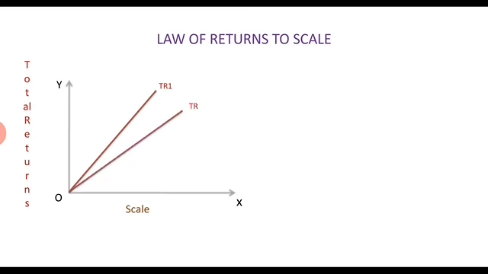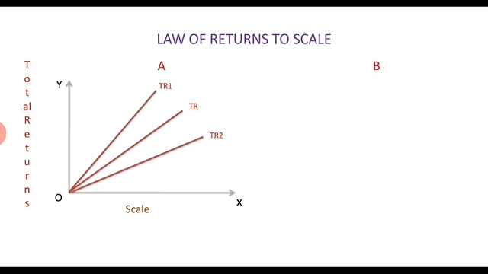TR1, TR, TR2 are total returns curves. TR1 indicates increasing returns. TR curve indicates constant returns and TR2 curve indicates decreasing returns.